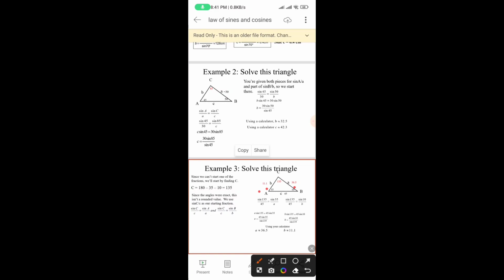A is 45 sine 35 over sine 135, and using your calculator, A is equal to 36.5. While for B, sine 135 over 45 equals sine 10 over B, so B is equal to 45 sine 10 over sine 135. Using your calculator, B is 11.1.